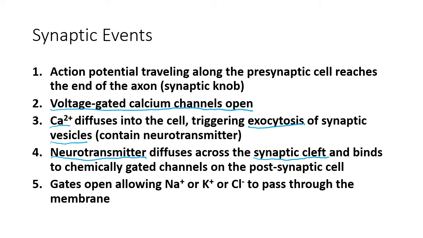It binds to chemically gated channels on that postsynaptic cell, and those chemically gated channels primarily allow sodium to come into the inside of the cell. And then just like with other processes, potassium and chloride ions are going to become involved as well as we start to depolarize the postsynaptic neuron.